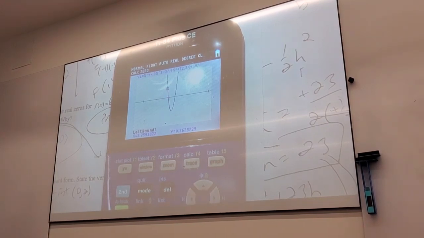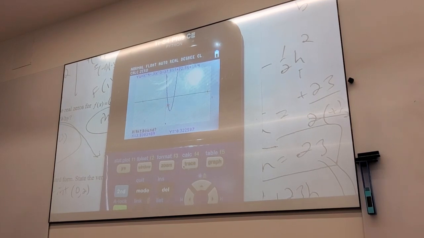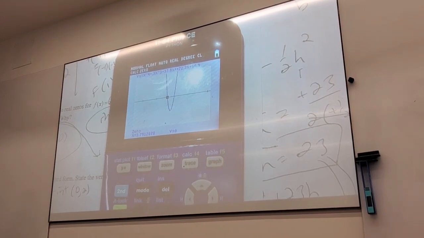Hit the left arrow a couple times. Then it's going to want a right bound, so I'll go back to the answer and hit the right arrow a couple times, so I'm definitely on the right side of it. And then it wants a guess, so I'm going to put my cursor as close as I can. So there's one answer. One x-intercept.